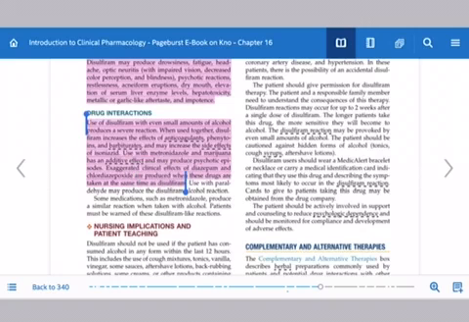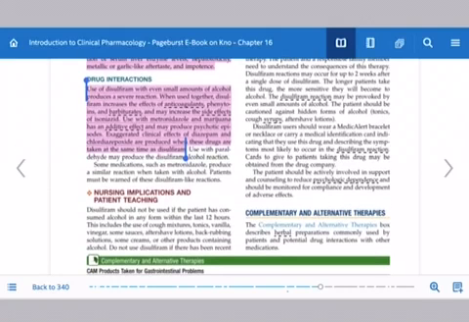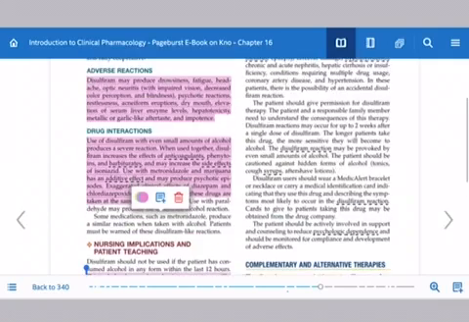Nursing implications, patient teachings. It should not be used if the patient has consumed alcohol in any form within the last 12 hours, and this includes any kind of cough mixtures that may contain alcohol.